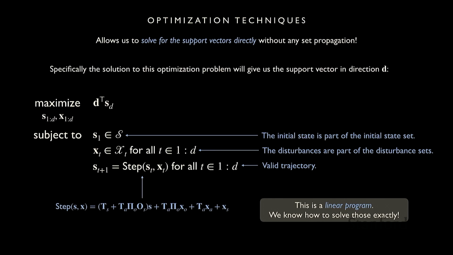Yeah. So for this to be a linear program, I guess we must have convex initial state sets and disturbance sets. Yeah, it needs to be convex. So in that case, I'm wondering what is the advantage of this optimization framework versus if we had just started with our convex sets and done our typical set propagation? Is there an advantage to this optimization technique?